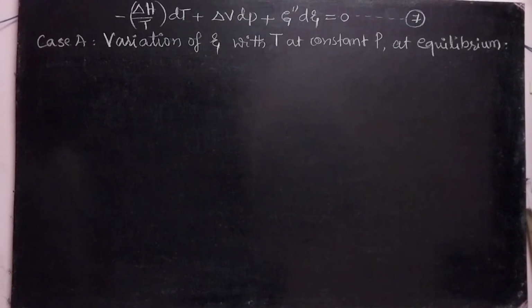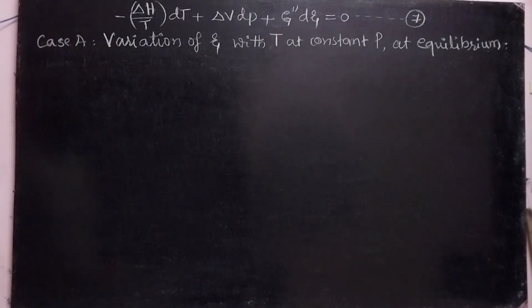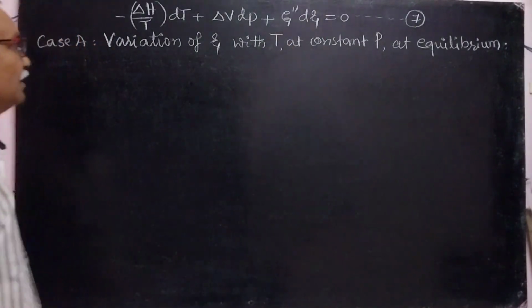Let us study the application of equation 7 to the various cases. Case A: variation of ξ with temperature T at constant P at equilibrium.